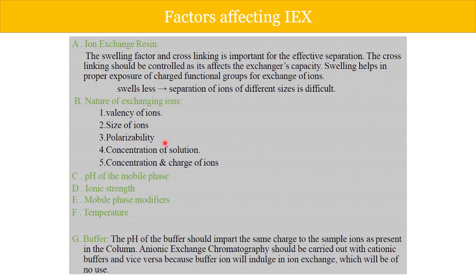You can tell the ionic strength also affects it. Definitely temperature plays an important factor. Also you have other modifiers, namely mobile phase modifiers. Then ultimately it comes to your buffer.